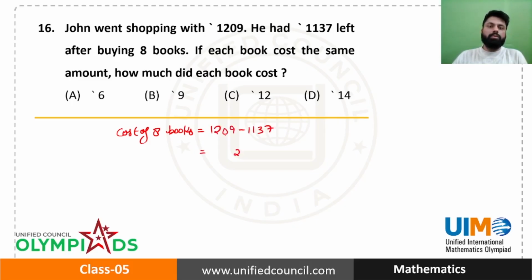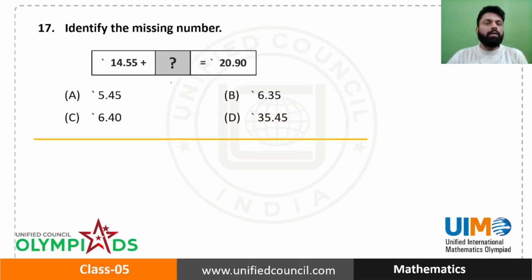This is equal to rupees 72. This is the cost of 8 books. So cost of one book is equal to 72 divided by 8, that is equal to 9. B option.